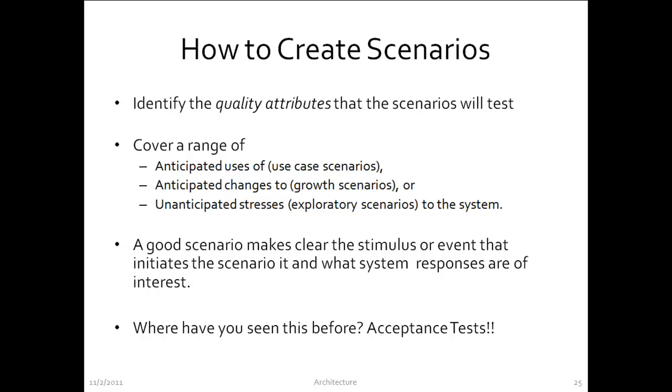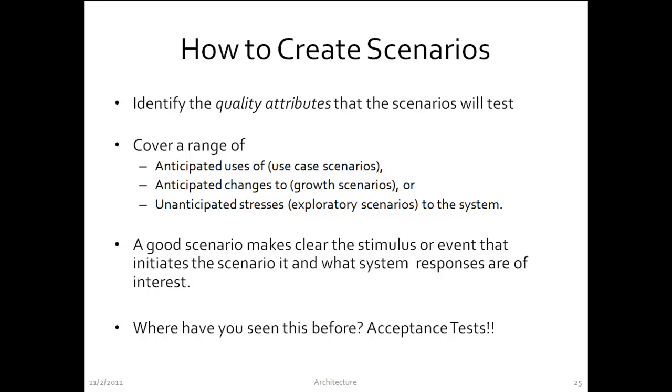To begin with, you have to clearly identify the quality attributes like response time, like mean time between failure if it's an availability requirement, etc., that the scenario will test. Then cover a range of anticipated uses, normal uses. Basically your use cases will tell you that.